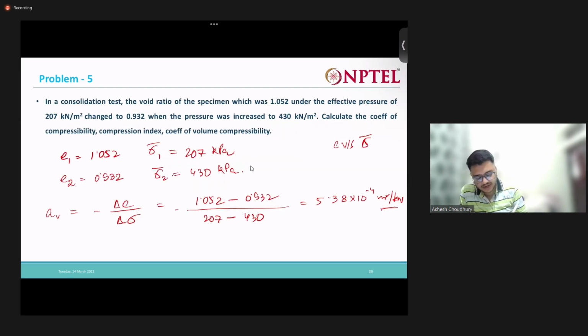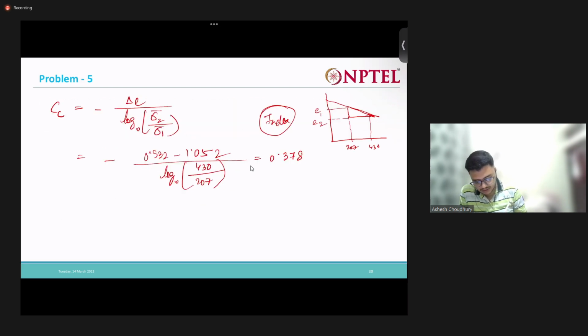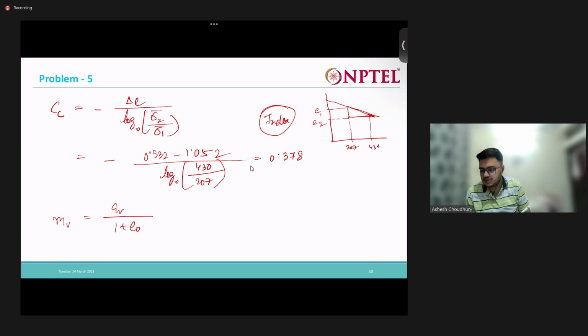So next you need to find out the coefficient of volume compressibility, this mv. What was the formula or relation for mv? Yeah, av upon 1 plus e naught. Do you know how this av upon 1 plus e naught has come?